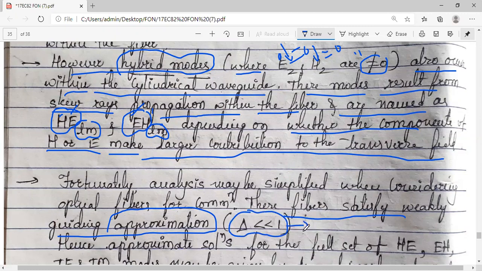What is this del? We have already studied it when we dealt with the ray theory of transmission, the skew rays, refractive index, and then the term NA, numerical aperture. In numerical aperture, this del stands for relative refractive index difference. This is kept very, very small. Because of this, the analysis becomes much easier.